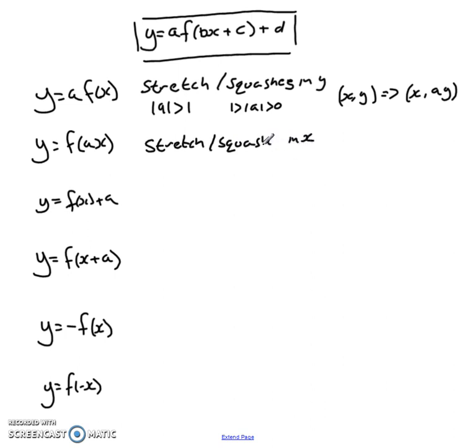And this one, unlike the y, actually went against the grain. So to stretch it, this time it actually stretched if the size of a was between 1 and 0, and it squashed it if the size of a was bigger than 1. So it was kind of the opposite effect. It did the opposite to what we wanted it to when it was in the x direction.